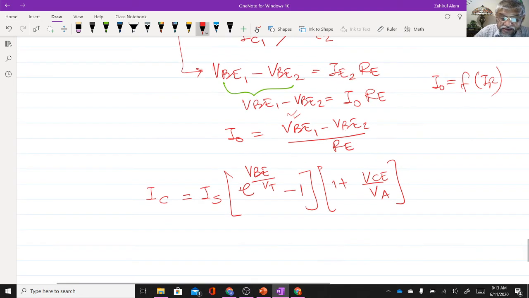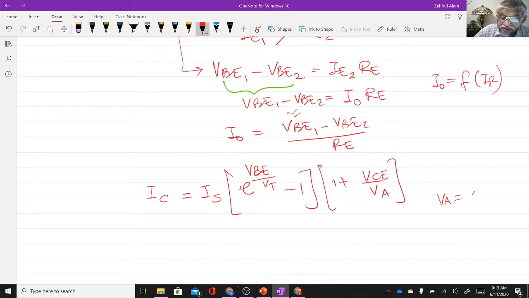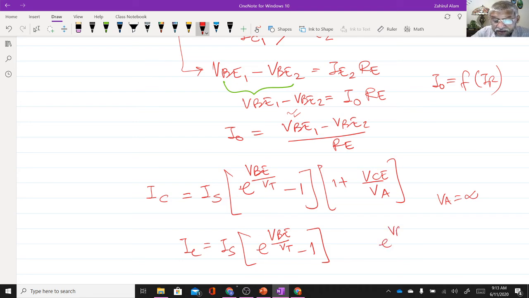Now if you consider VA is equal to infinity, then again e to the power VBE over VT is much larger than 1, because base to emitter voltage is a positive voltage.